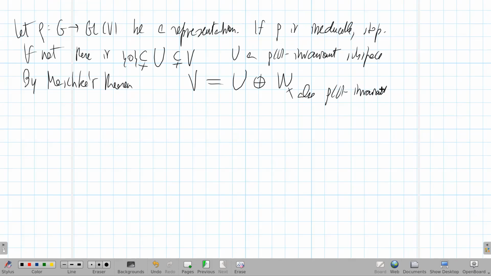And this is something that you cannot do in groups. If you have, say, a normal subgroup, which is a rough equivalent of being rho G invariant, you don't need to have another normal subgroup that complements it. S3 is typical. You have the alternating group of order 3, which is normal, but then you have 3 subgroups of order 2, which are not normal. Okay, so you split it like this, and you can keep playing the game. If U and W are reducible, you continue; if irreducible, you stop.